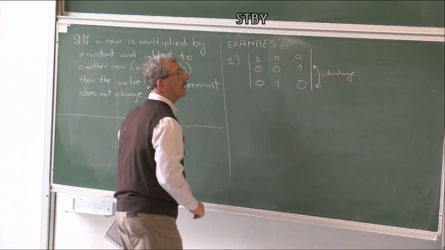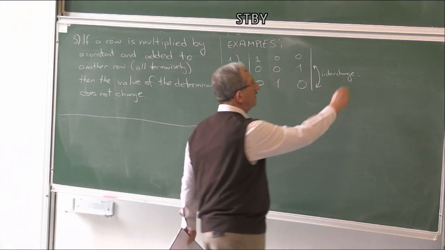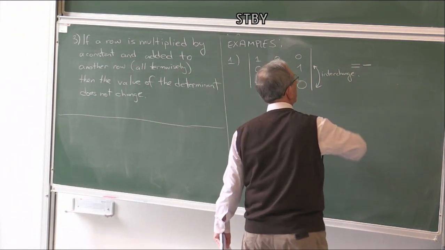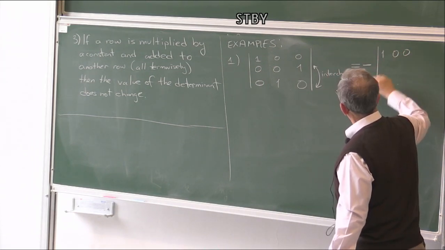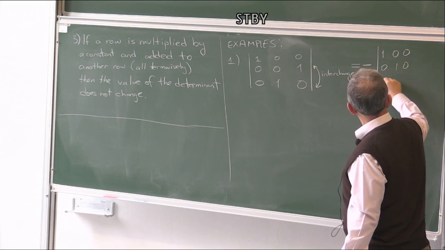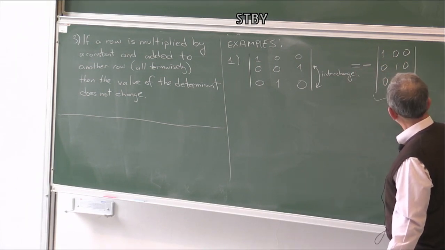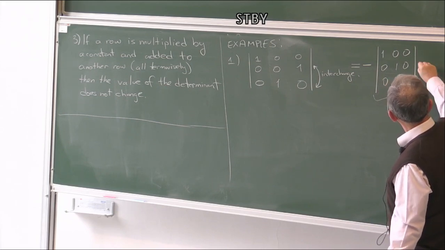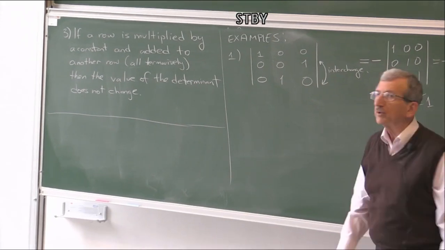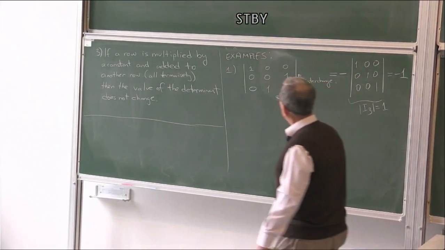If we interchange these two things, then we multiply the value with -1. But we get I3, and its determinant is 1, so this is -1. So it makes the job a little bit simpler.